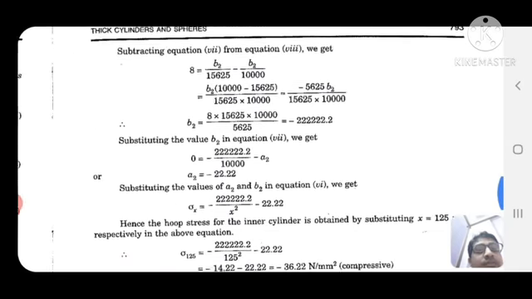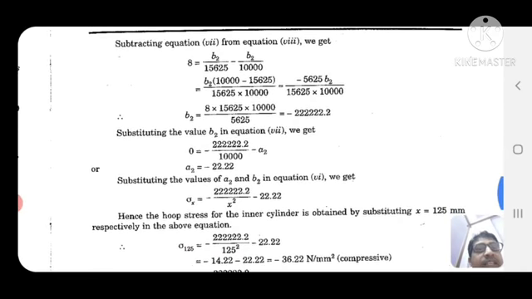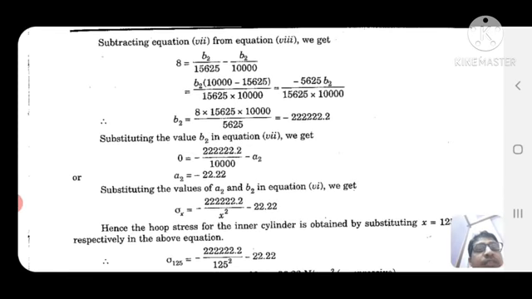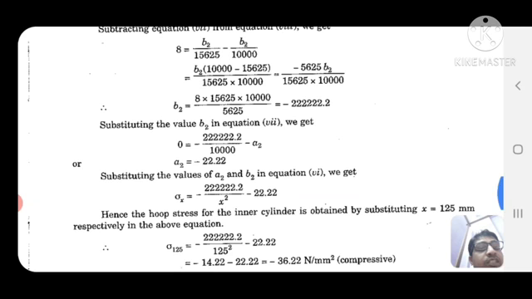Now, subtracting the equation from this, 8 equal to B2 divided by 15625 minus B2 by 10,000. If you take B2 common, 10,000 minus 15625, so 15625 into 10,000. After calculation, we get minus 5625 B2 divided by 15625 into 10,000.